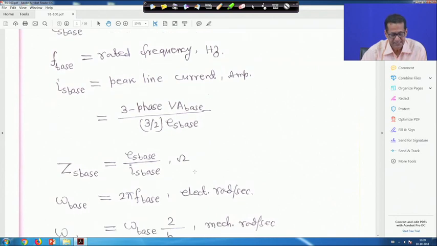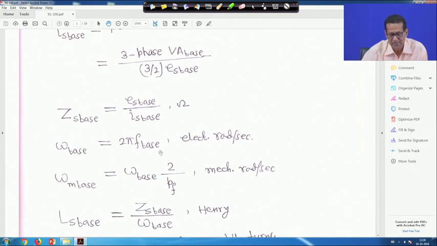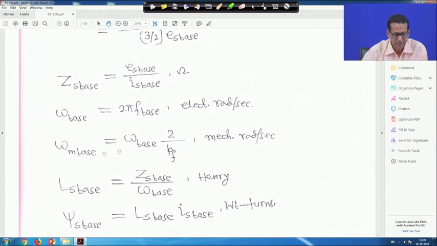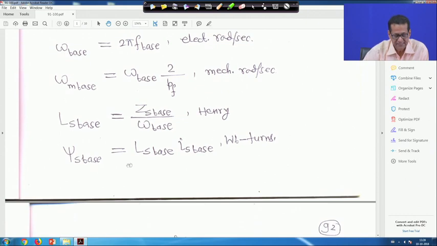Similarly, ZS base is equal to ES base upon IS base in ohm. Omega base is equal to 2 pi f base, that is electrical radian per second. And omega m base is equal to omega base into 2 by P, that is mechanical radian per second. Then LS base will be ZS base upon omega base, in Henry, and psi S base will be LS base into IS base, that is Weber turns.